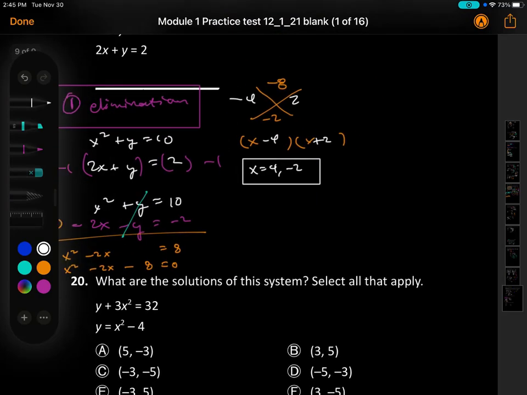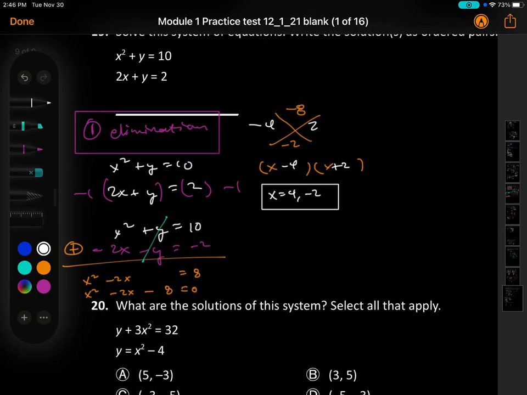Okay, so then what you're going to do here is put in 4. Here, x equals 4. So 2 times 4 is 10, and then subtract the 10 from both sides, you'll get y equals negative 8.